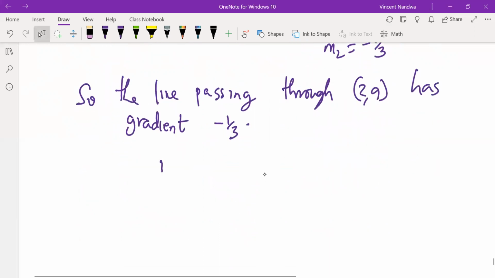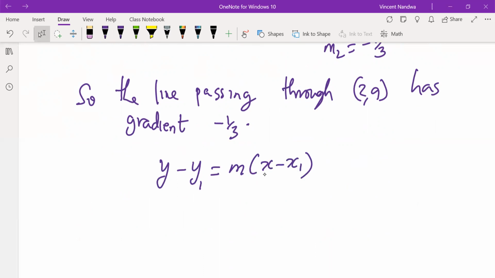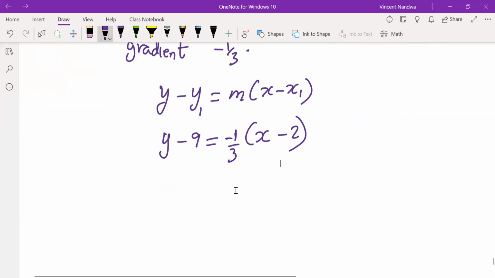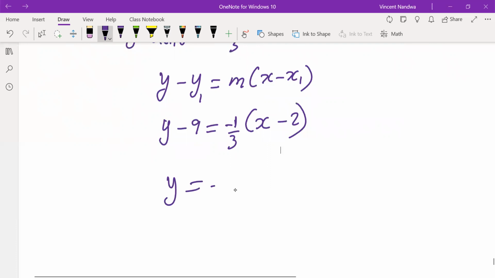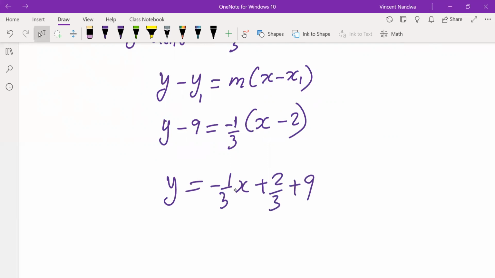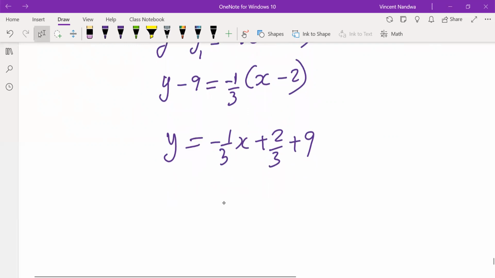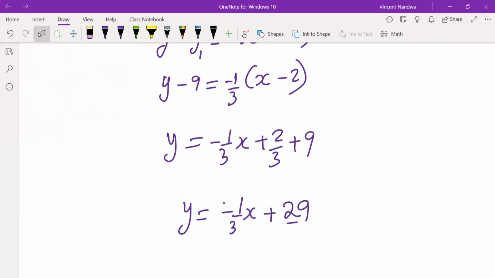So using the formula y minus y1 equals m into x minus x1, we'll have y minus 9 equals -1/3 into x minus 2, which will be y equals, then plus 2/3 plus 9. So this will be y equals -1/3 x plus 29/3. So this is how we solve that question. Thank you.